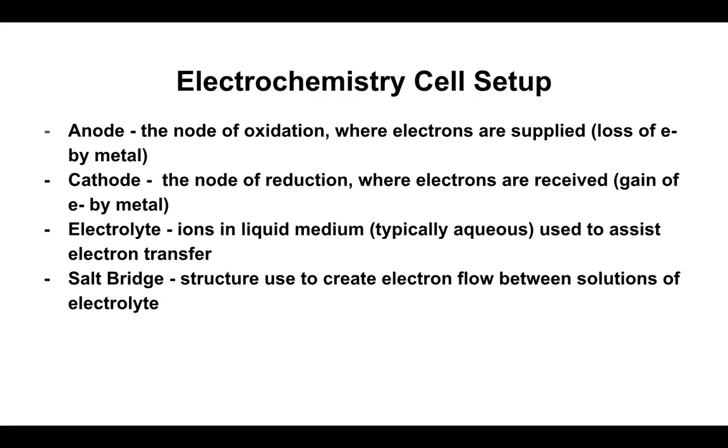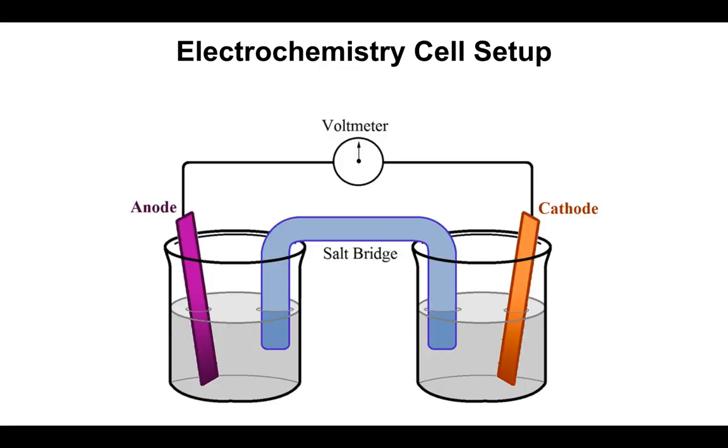So let's take a look at the basic visual setup for a cell that we're talking about. All right, so this here is the basic setup where you're going to have two electrodes that are found in their respective electrolyte solutions with a common salt bridge that connect the two. So these type of cell setups are common in general chemistry labs and a lot of course images that you'll see.